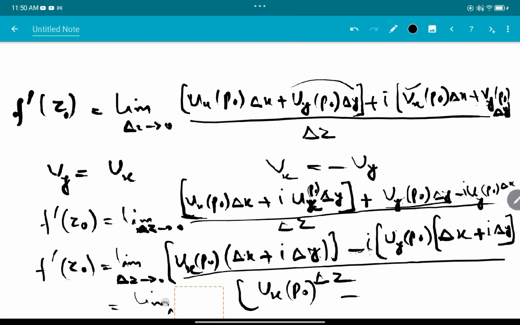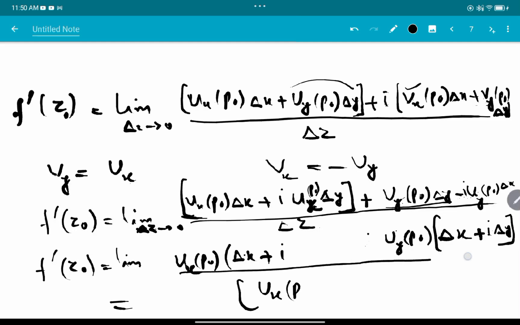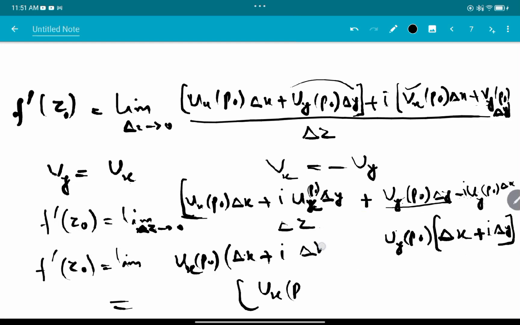Let's now evaluate this limit, and then again ux, plus i delta x, which I cancelled, plus, then it was minus, it was not plus, ultimately it was i delta y minus i, and then this whole thing.